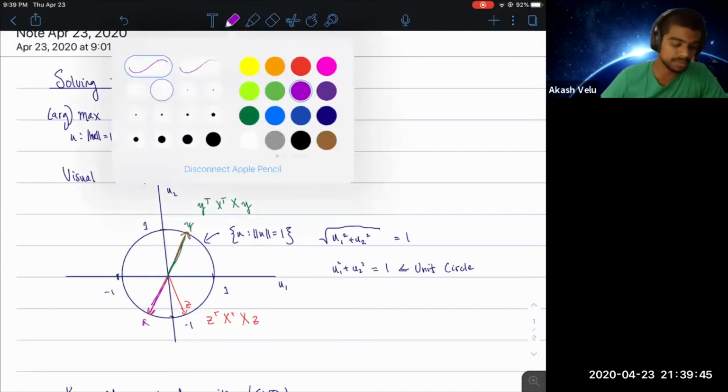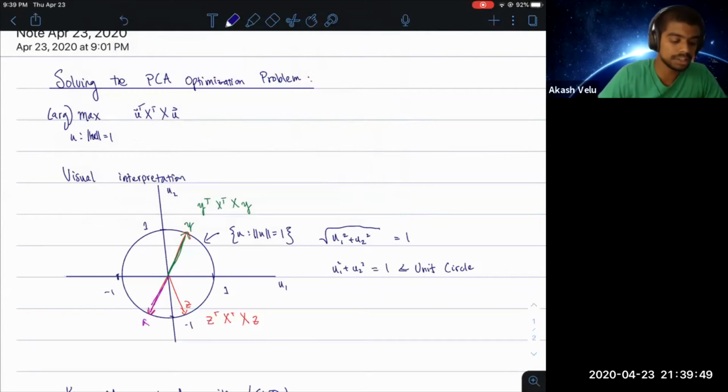And for each vector that lies on this unit circle, there's going to be an associated score given by this formula, U transpose X U. So for the vector Y, there's going to be an associated score, Y transpose X Y. For Z, there's going to be this associated score. And for A, just to be clear, it will be A transpose X A.